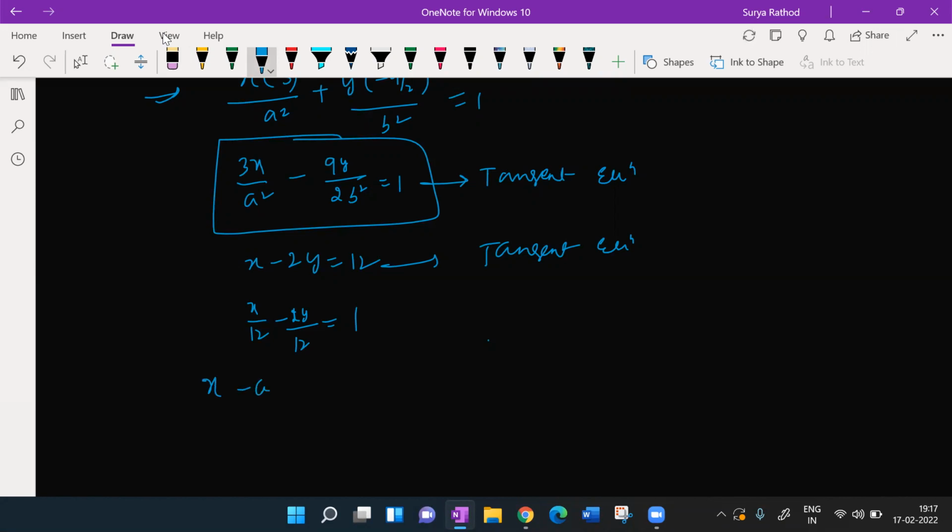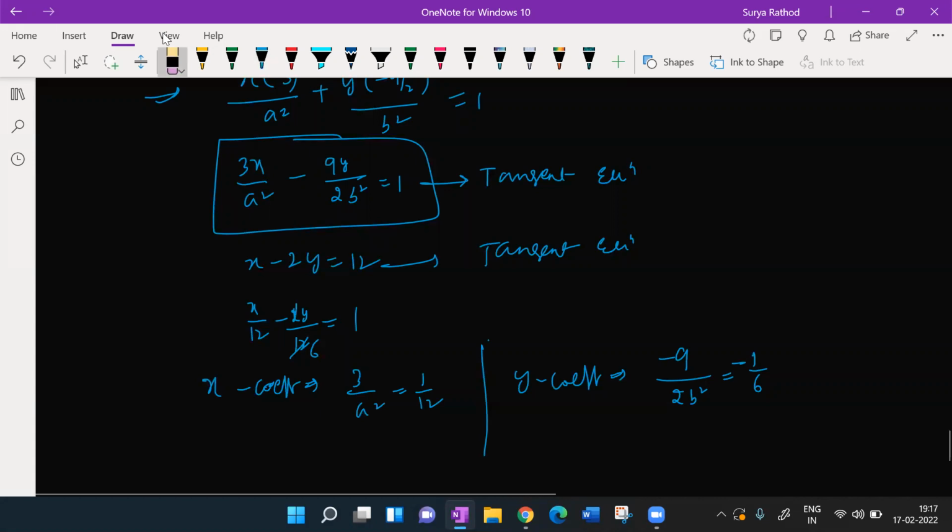Comparing the x coefficient: 3 by a square is equal to 1 by 12. Correct? Yes or no? Now comparing the y coefficient: minus 9 by 2b square is equal to, here 2 ones are 2, 6, so minus 1 by 6 in fact. Yes or no guys?